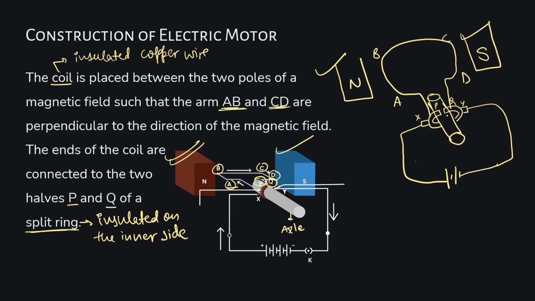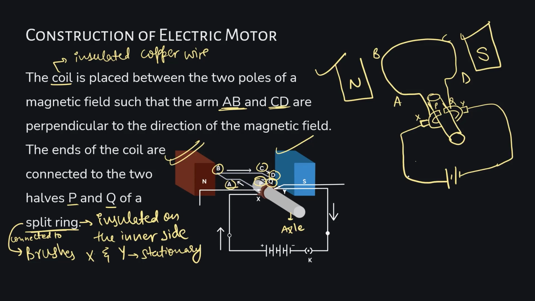Then these split rings in turn are connected to the brushes X and Y. Okay, and these brushes are stationary. What does that mean? That they can't move from their places. That means these two brushes stay at one point, but the split ring can move on that cylindrical object in the middle or the axle.